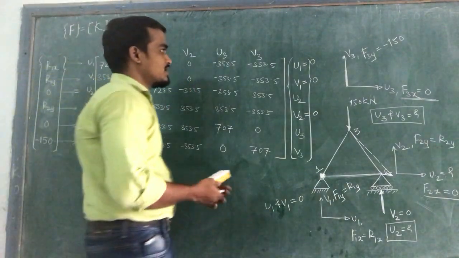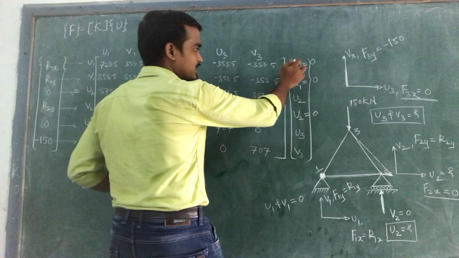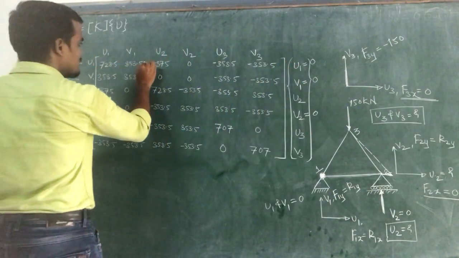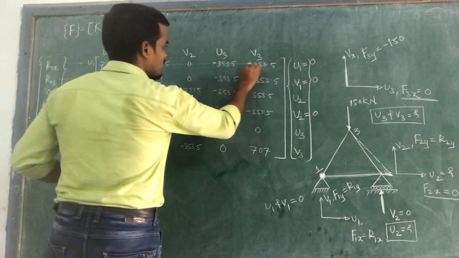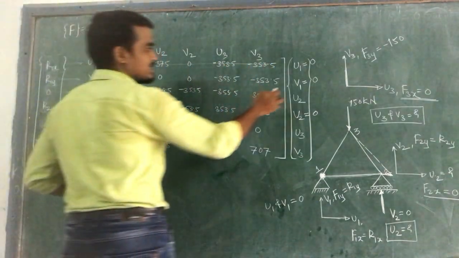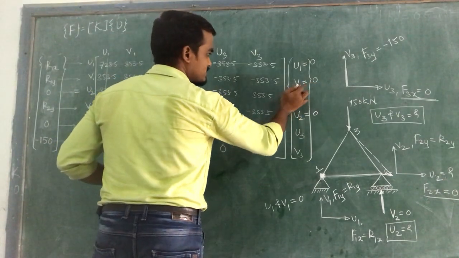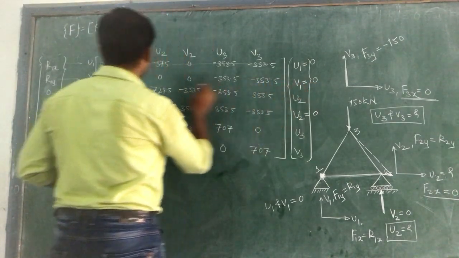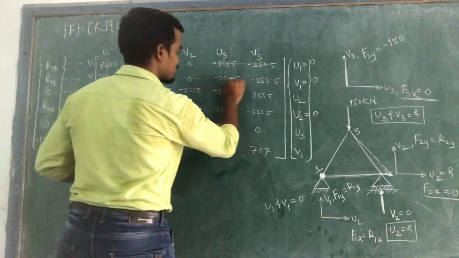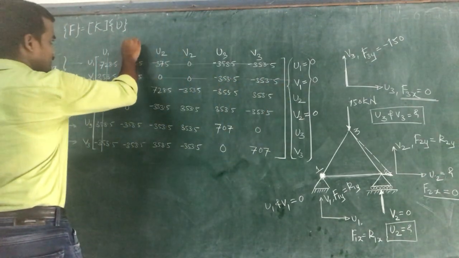So here u1 is 0, it means eliminate first row and first column. Similarly, v1 is equal to 0. It means eliminate v1 row and v1 column.